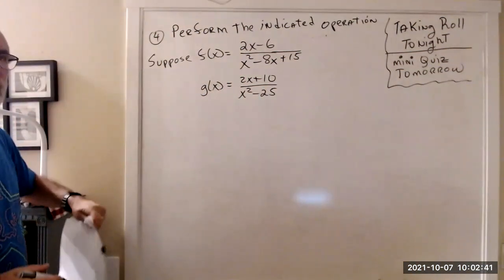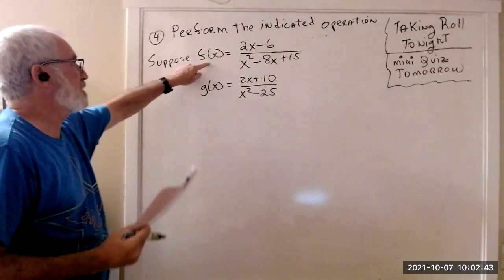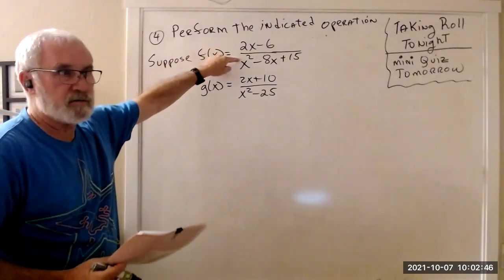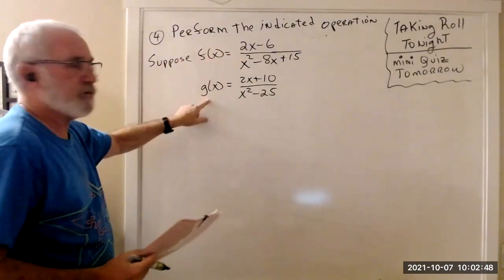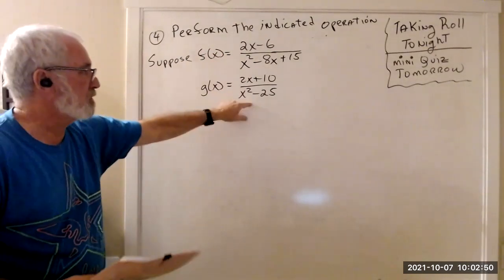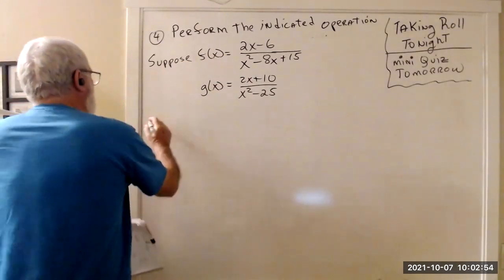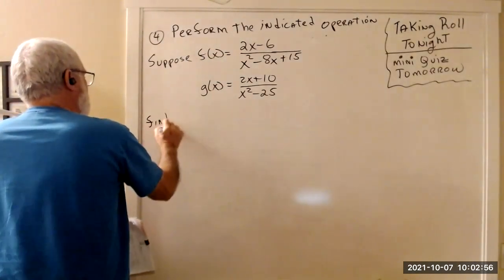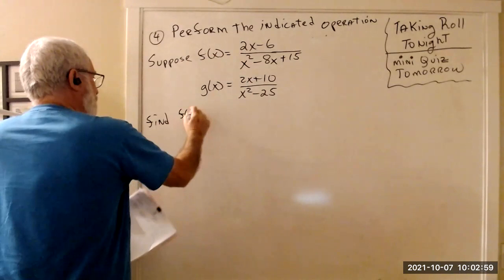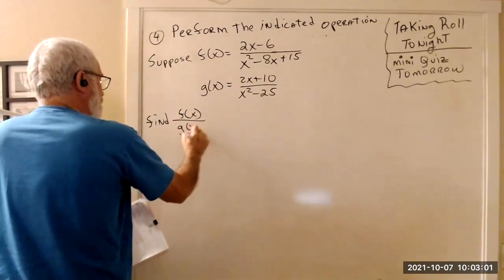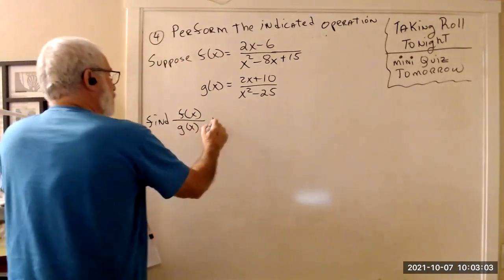So we're back to functions again. F of x is a function. This is it. G of x is a different function. This is it. I want you to find f of x over g of x in simplest terms.